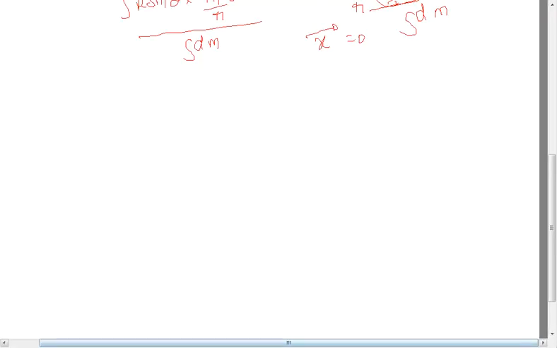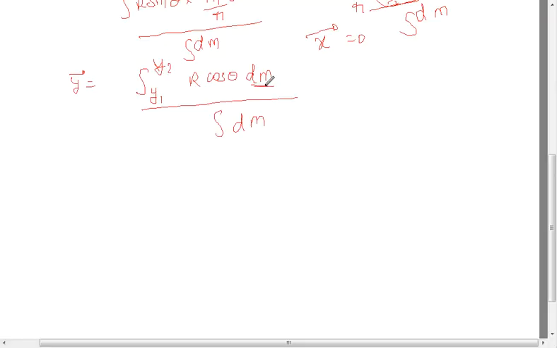If you look at this, what is the y coordinate? The y coordinate is basically the integral from y1 to y2 of r cos theta dm, divided by the integral of dm.